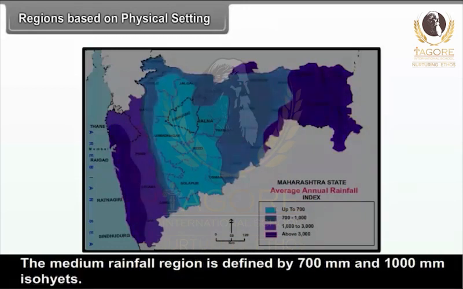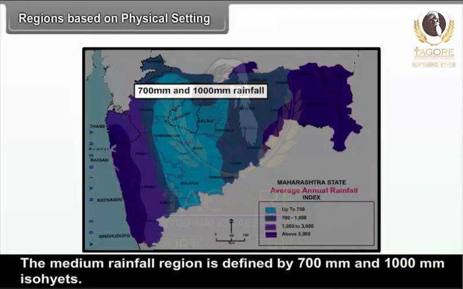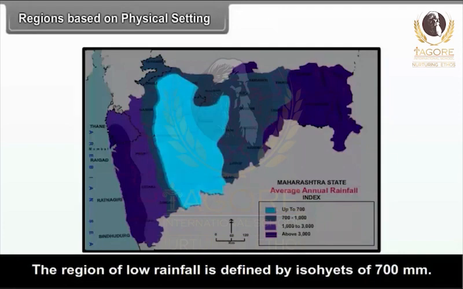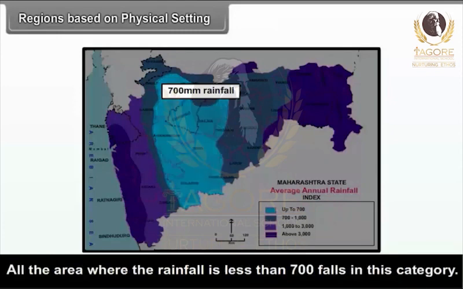The medium rainfall region is defined by 700 mm and 1000 mm isohyets. The region of low rainfall is defined by isohyet of 700 mm. All the area where the rainfall is less than 700 mm falls in this category.